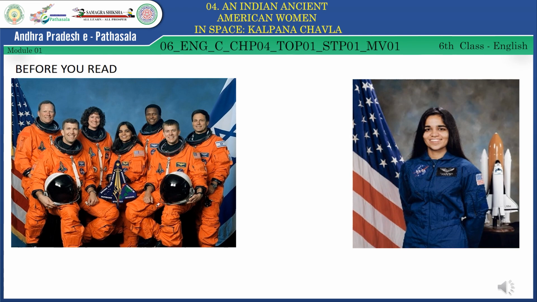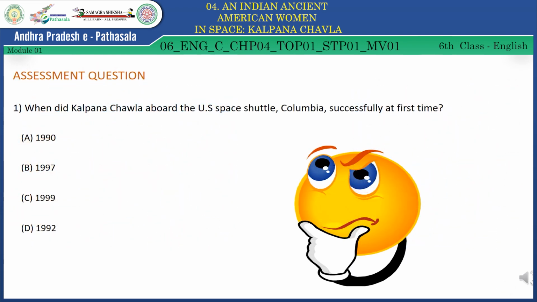You have learned some knowledge about Kalpana Chawla. Let us check it. Assessment question. When did Kalpana Chawla go aboard the US Space Shuttle Columbia successfully for the first time? Option A, 1990, option B, 1997, option C, 1999, option D, 1992.